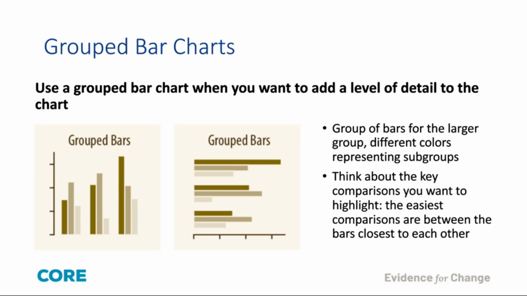So it really depends on what comparison you want the audience to see first. So if you want to highlight, for instance, an individual quarterly change, like if there's overall quarterly trends upwards, then you might have the larger grouping be divisions. It really depends on what the story is that you're trying to tell.